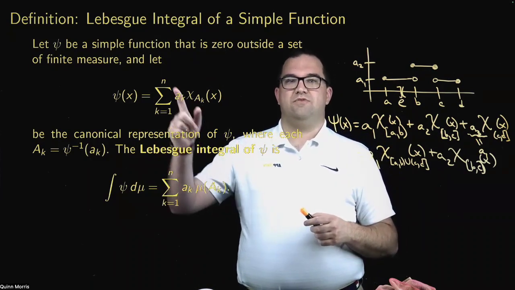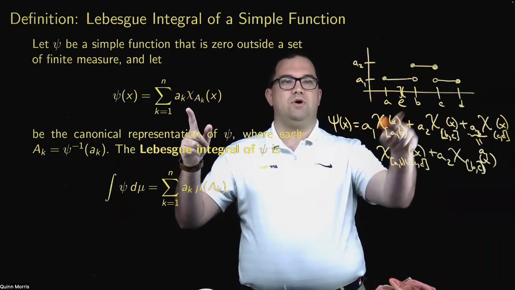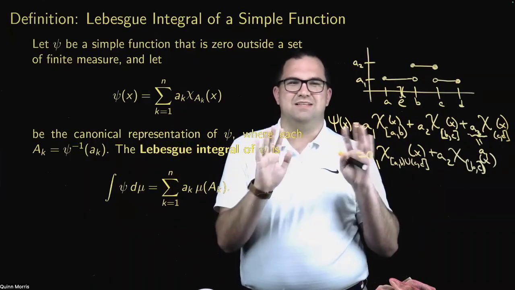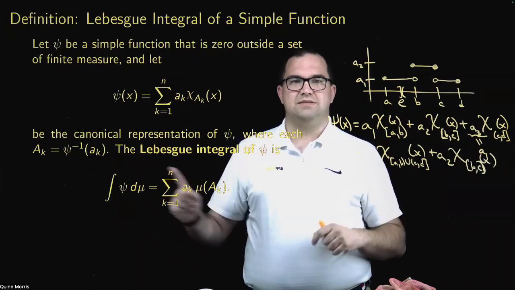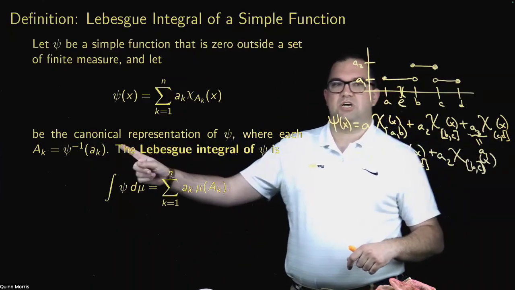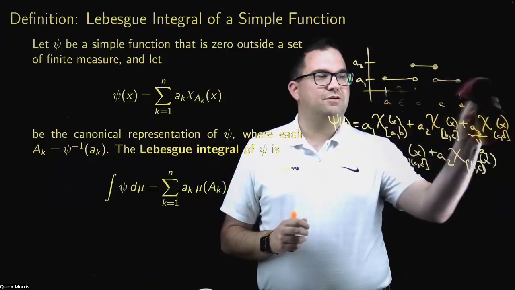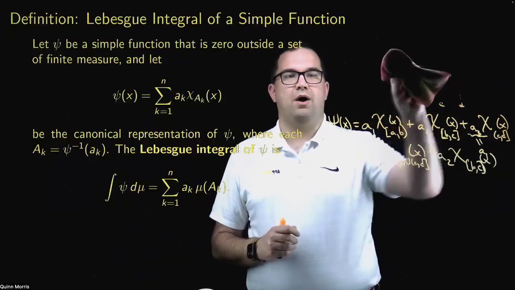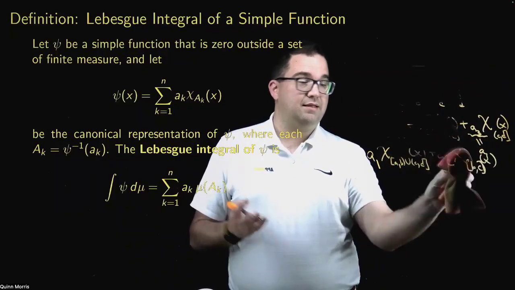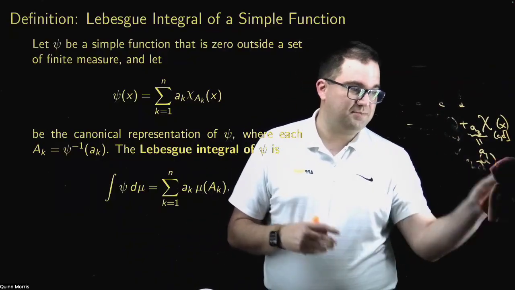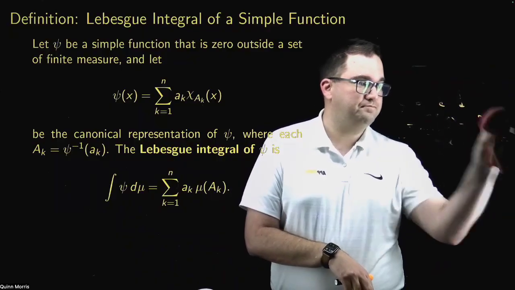So again, this avoids things like, what if you did some weird thing here and ended up making this an infinite sum? We don't want to deal with that, so we just require this canonical representation. In a lot of ways, you could say, just write it in the way that probably makes the most sense. But again, this is mathematics, and we like to specify the exact rules we're playing by.